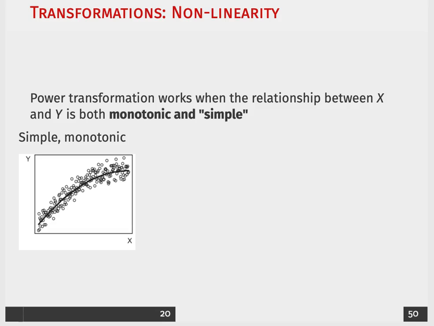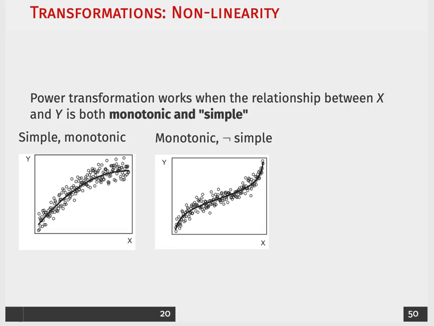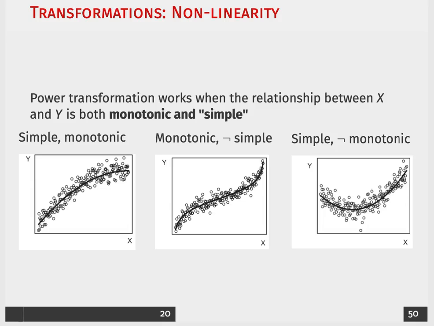It's ever increasing, and it's not very complicated. This is monotonic in the sense that it is still ever increasing, but there are multiple curvatures or dips in our line. And this is certainly simple, but it is not monotonic in the sense that it is decreasing at certain parts of the function and then increasing.